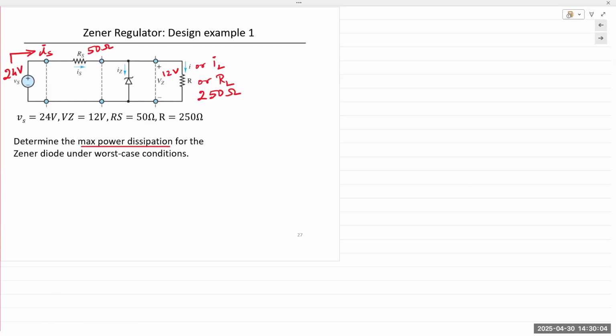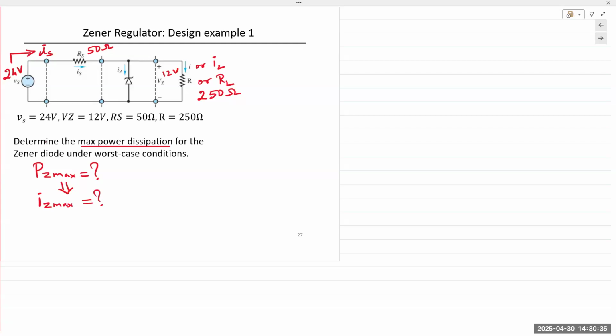So we need to find PZ max, maximum power dissipation in the Zener diode. That requires us to find IZ max, right? And IZ max will occur when IL is what?